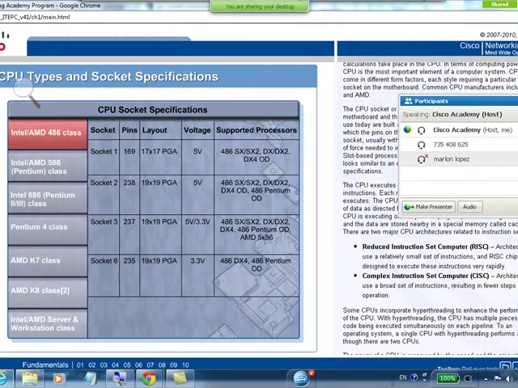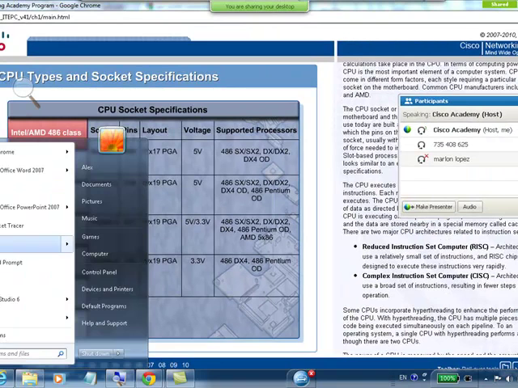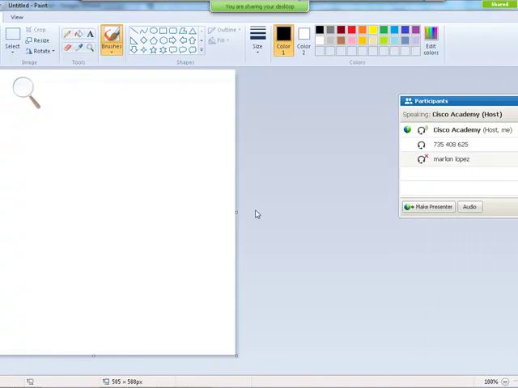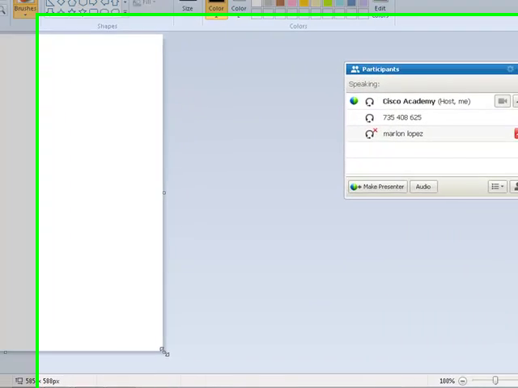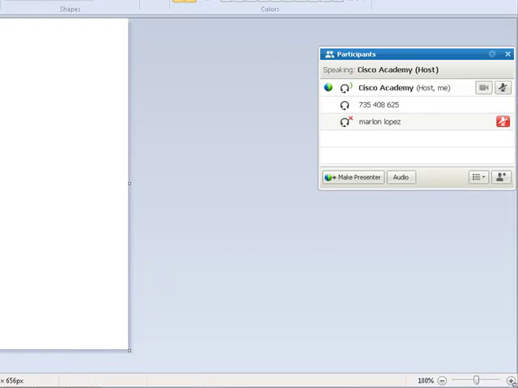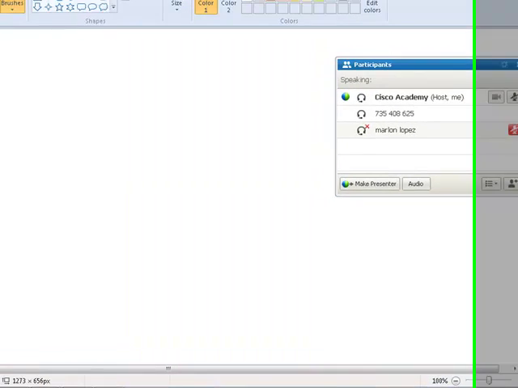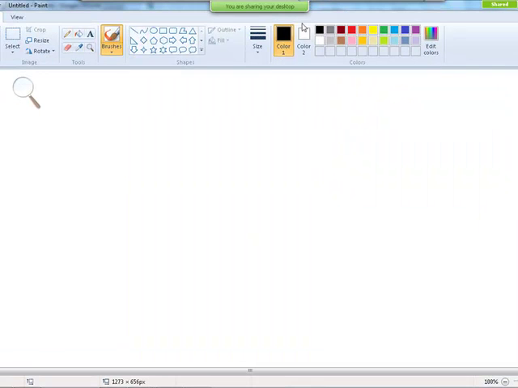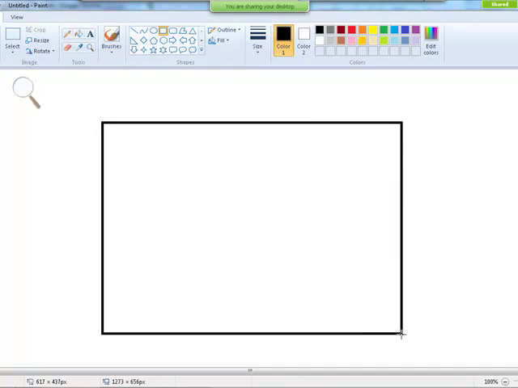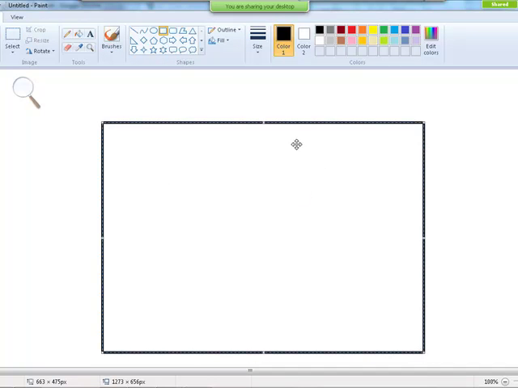And let me explain this part using Paint. Over here I have a CPU. Okay, this is my CPU.